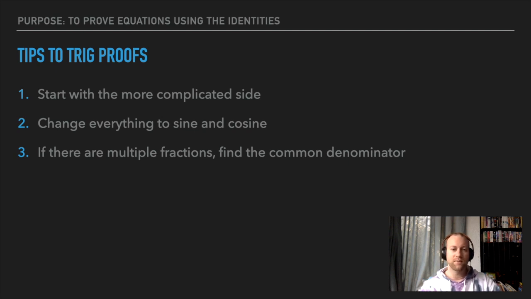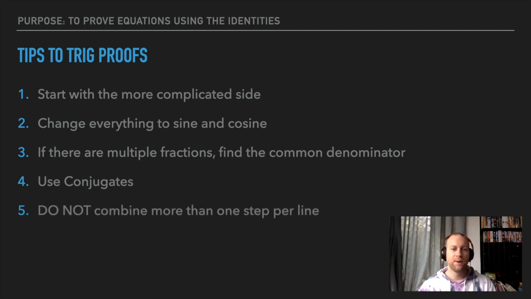Usually that'll just make your life a whole lot easier. Use conjugates. I'll show you an example today of what a conjugate is. This is essentially where you multiply by, if it's x plus 1, the conjugate would be x minus 1. So it's the same thing, except the negative version of it. Like I said, I'll show you an example of that during today's lesson.